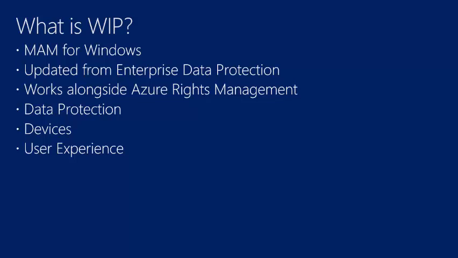So data protection is definitely the goal of Windows Information Protection, to help prevent data leakage, to help protect enterprise apps accessing enterprise data. And in terms of devices, we can apply the same set of controls to personal devices, corporate-owned devices, doesn't matter. And a key one, the user experience. So being able to apply controls and protections without interfering with the user experience and making it substantially different.